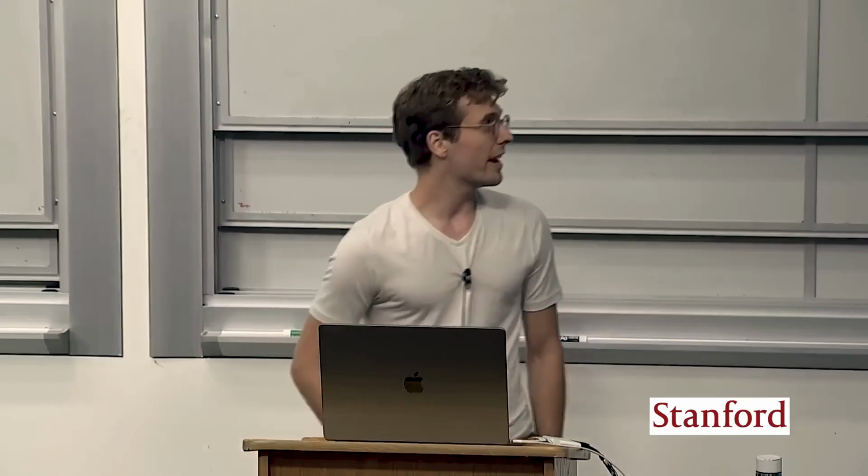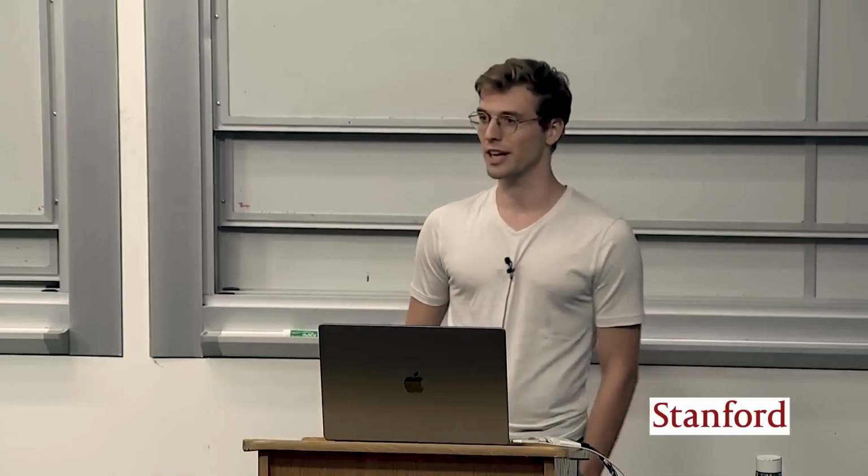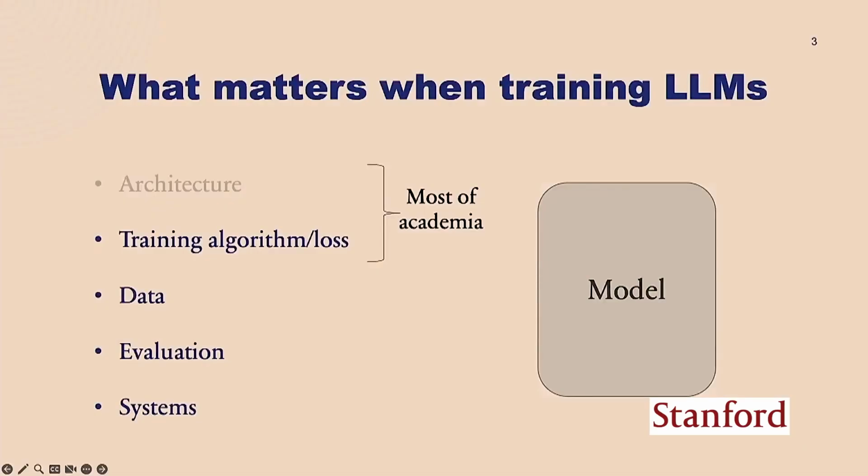One, because I gave a CS lecture on transformers a few weeks ago. And two, because you can find so much information online on transformers. But I think there's much less information about the other 4 topics, so I really want to talk about those. Another thing to say is that most of academia focuses on architecture, training algorithm and losses.